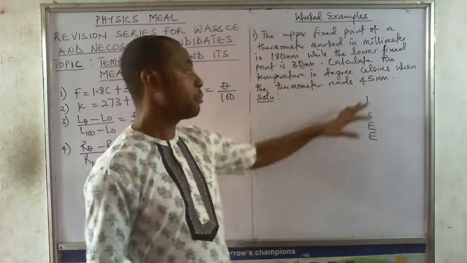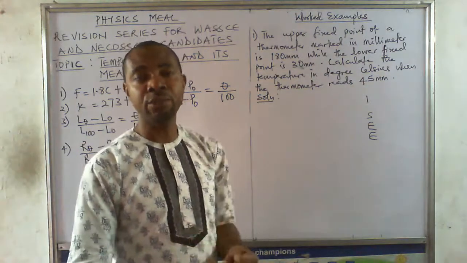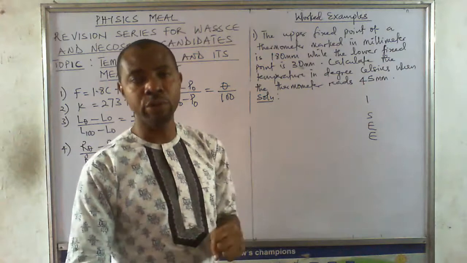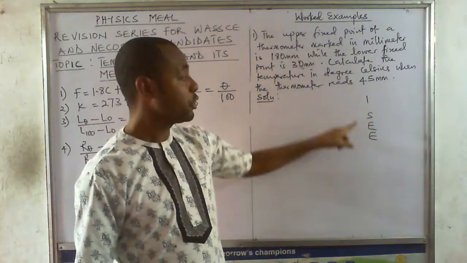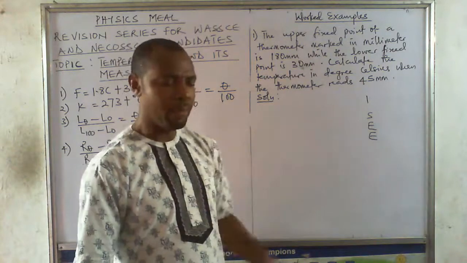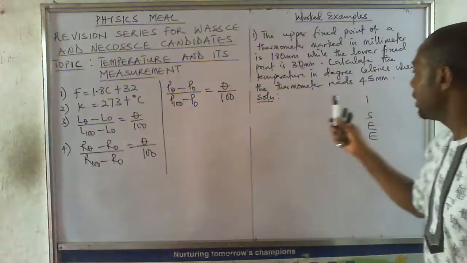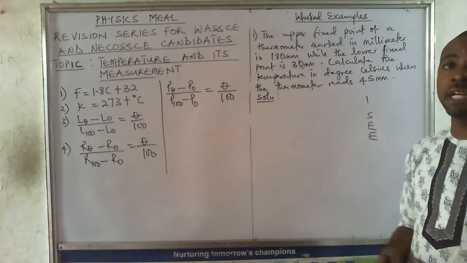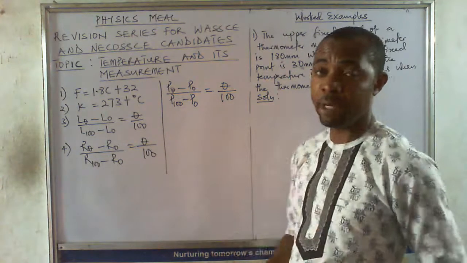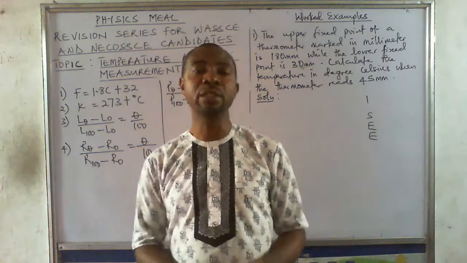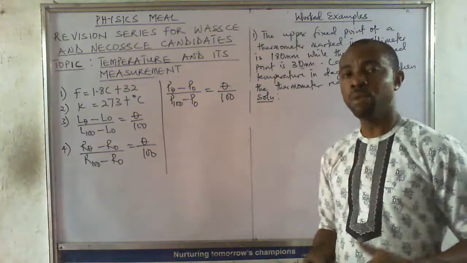Now, whenever you want to solve problem, you must identify the quantities given, that's the variables given, and also identify the unknown. Then as you're identifying those parameters, you also set them up. Virtually all the parameters we use in physics, they have symbol. So when you identify them, set them up using their symbol. If you identify a particular parameter and the symbol of that parameter is K, represent it with K. If the symbol is R or X or T, represent it with that symbol.